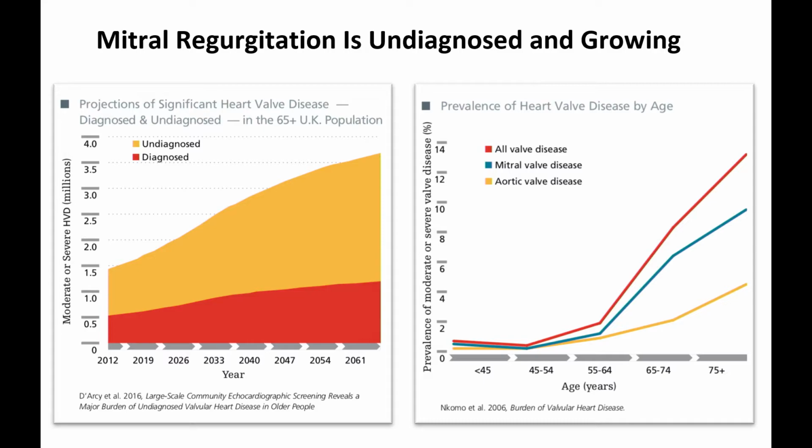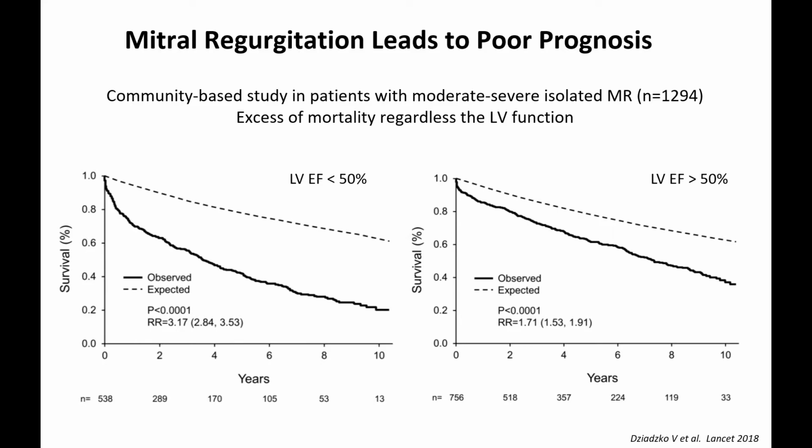We also know the prevalence of mitral insufficiency is growing over time and with age. We also know that mitral insufficiency leads to poor prognosis, and that regardless of ejection fraction, in patients with both normal and reduced ejection fraction, those with moderate to severe isolated MR have excess mortality.